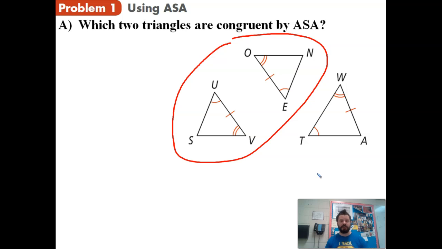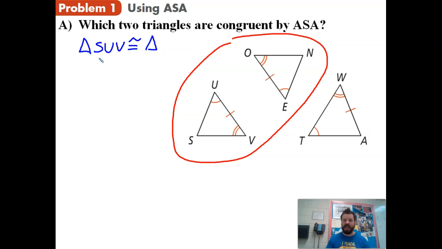Now, rather than circling the triangle, we can talk about it with a congruent statement. So I'm going to say that triangle, let's say SUV, is congruent to triangle, we'll name the other triangle here. When I'm writing a congruent statement, I can pick any order I want for the first triangle, but the second triangle has got to go in the corresponding order.